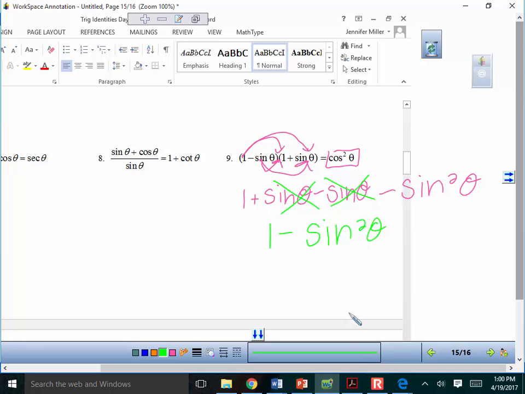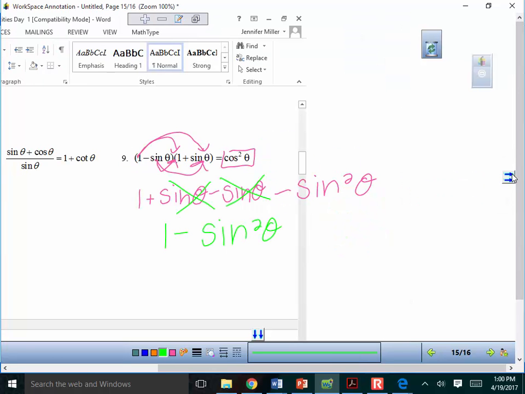All right. Well, before we continue, I want to remind you of a specific identity, okay? And that is that we're going to go over here in our little side box, that the sine squared of theta plus cosine squared of theta is equal to what? 1. What are we trying to get by itself? Cosine squared of theta.